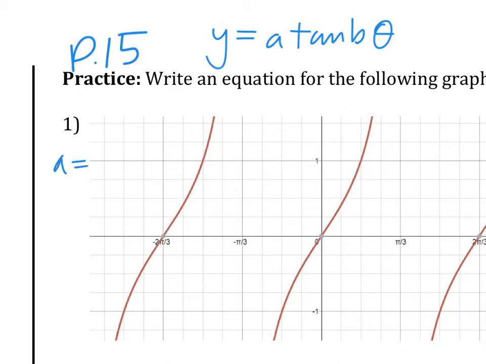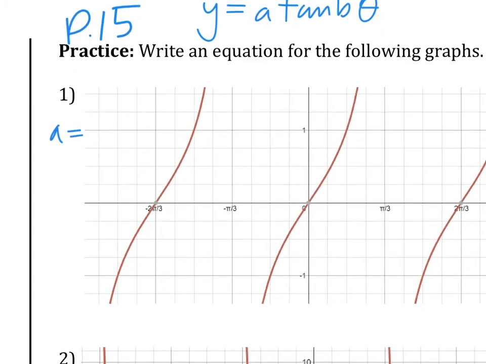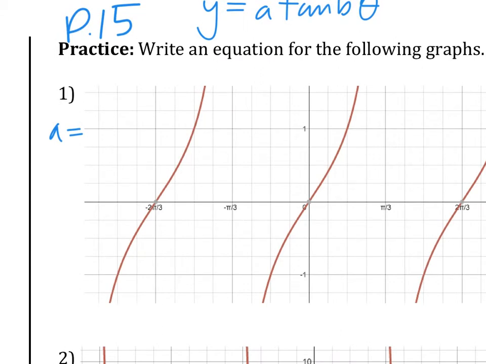How do you figure out A? Well, let's first figure out where the asymptotes are. Where do you guys think the asymptotes are going to be? 0, and pi. Okay, good. So these are where the asymptotes are. We know that halfway between the asymptotes is where the tangent line will start. And then halfway between that is where we go up to the amplitude and down to the amplitude.